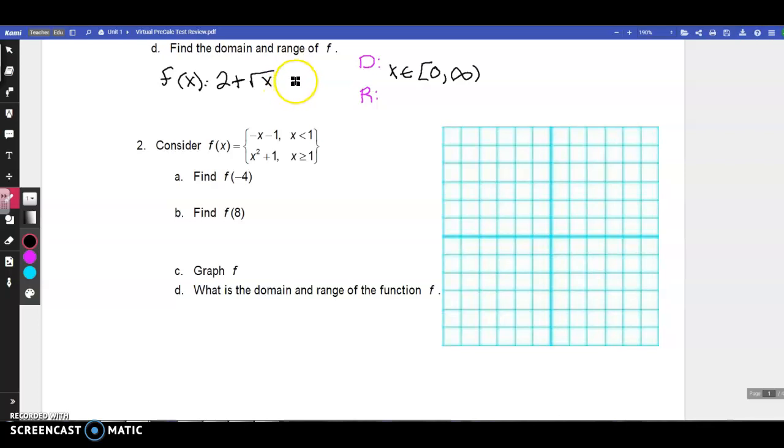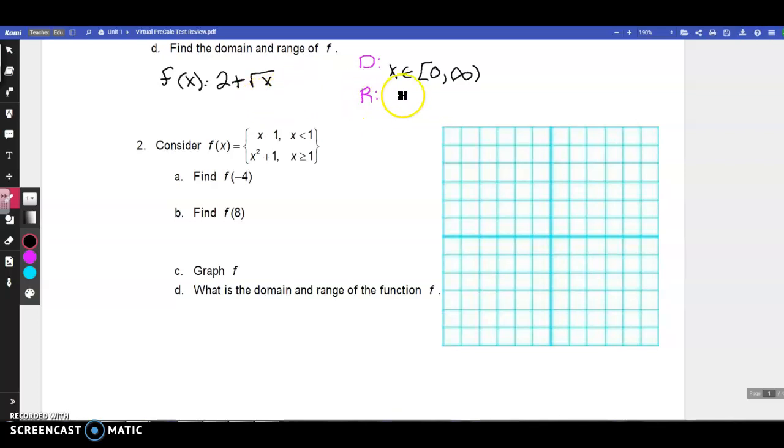If I plug in 9, I get 3. So as I plug in bigger numbers, the square root of x is getting bigger. Is there any way for it to get smaller or become negative? No. I can't plug in negative numbers because that's not in the domain. So the square root of x just gets bigger and bigger as I plug in bigger numbers for x.